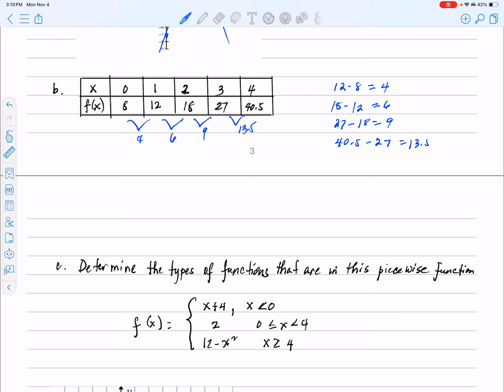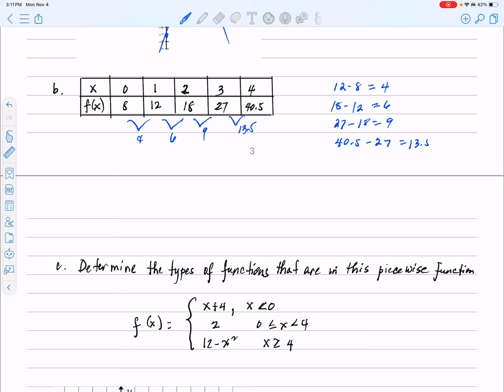But a quadratic will have both an increasing and decreasing interval. This table only shows an increasing interval portion of a quadratic function. It's not in the decreasing. So we need to take a closer look at the rate of change. It might be an exponential function.